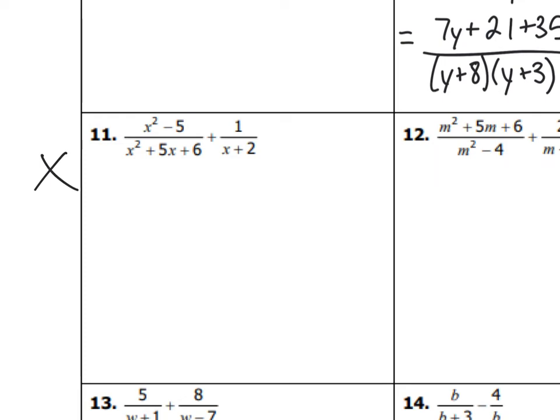What goes on top? What goes on bottom? Two things that will multiply to 6 and add to 5. 3 and 2. Okay, so this first denominator now becomes what? Good. And what is the common denominator going to be between these two fractions? X plus 3 and x plus 2, right? Good.